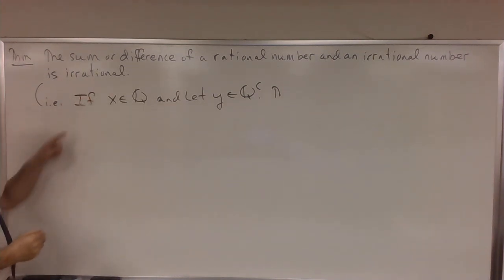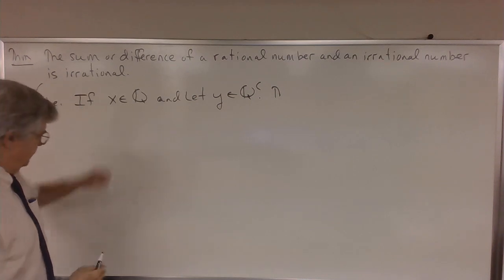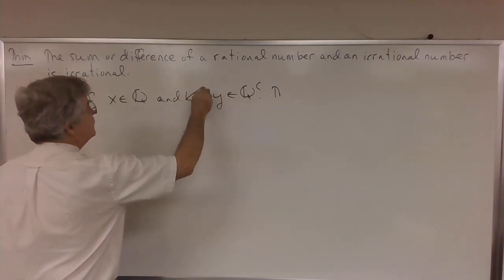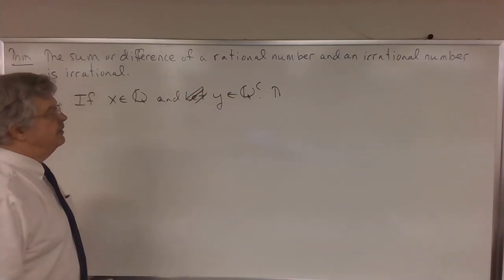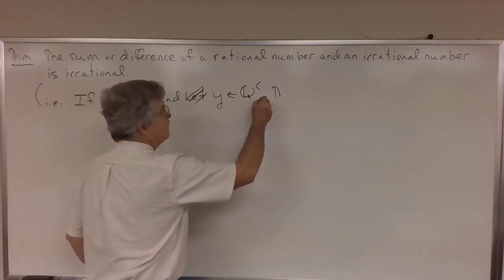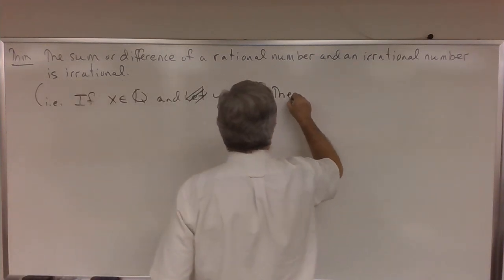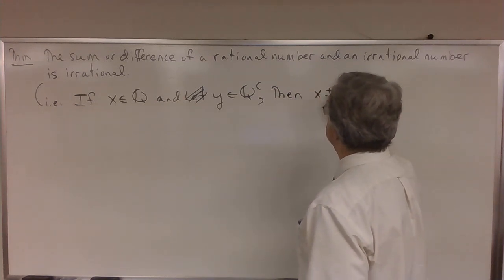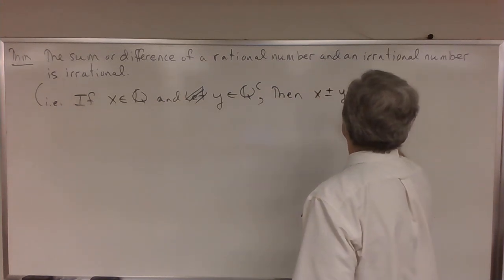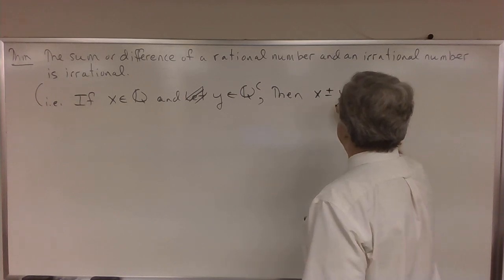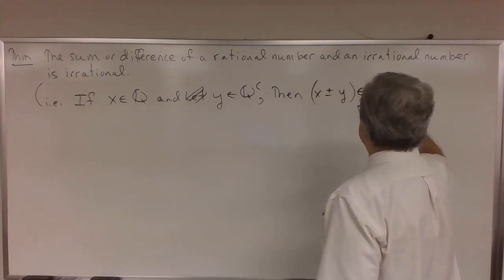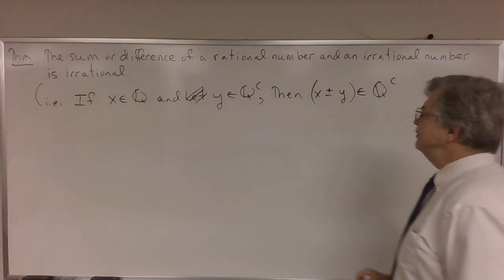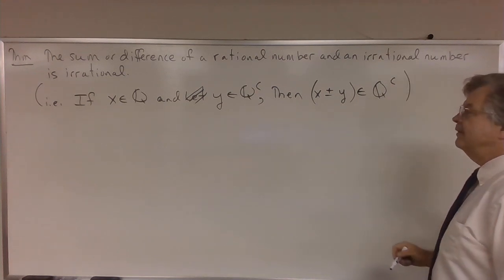So if x is a rational number and y is an irrational number, then x plus or minus y is an irrational number. Okay.